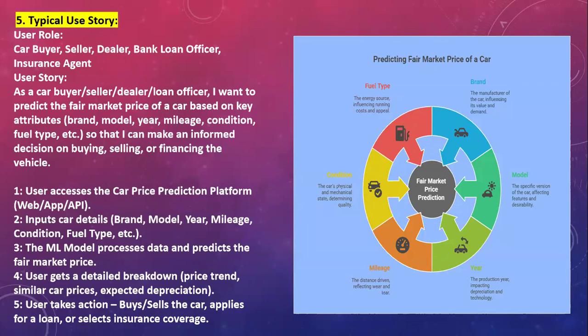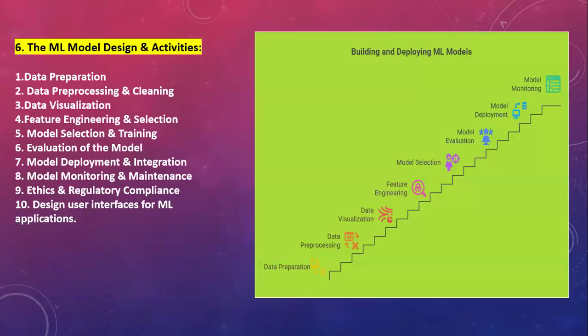So we are also offering loans for whoever wants to buy or sell a car. This is a typical user story we need to understand and take into account while designing and developing the ML model.